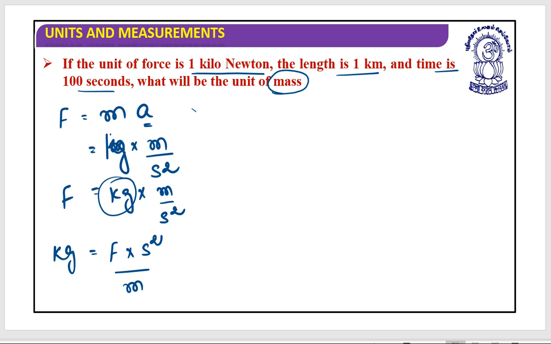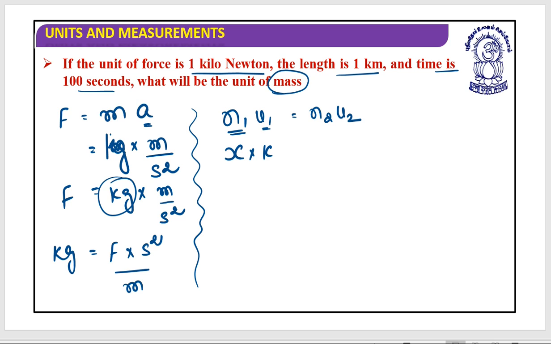So now let's try it. How can we do it? So I should write N1 U1. This is equal to N2 U2. I don't know how much kg it would be. So let us suppose I write x multiplied by its unit, this is kg, is equal to n2 multiplied by u2.